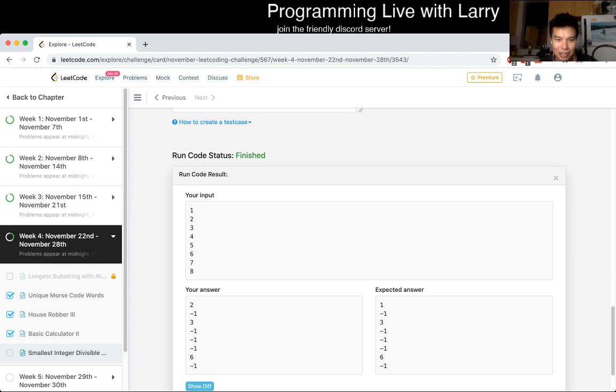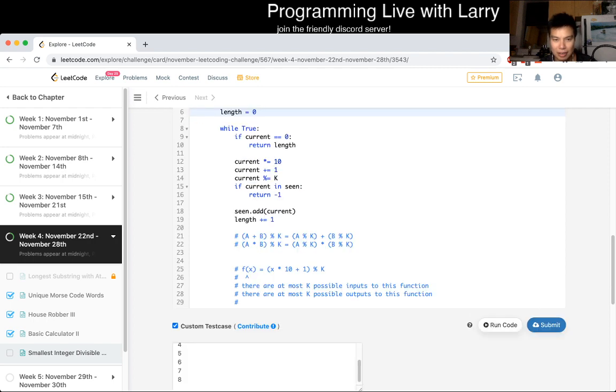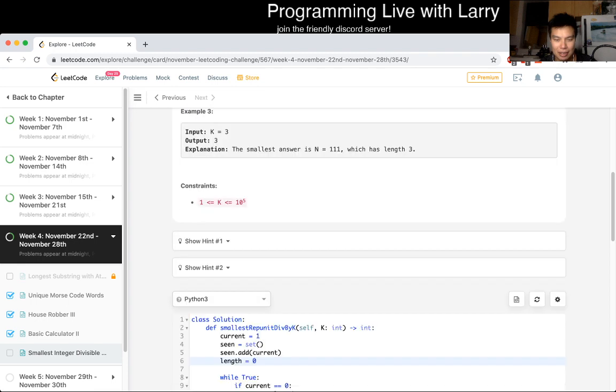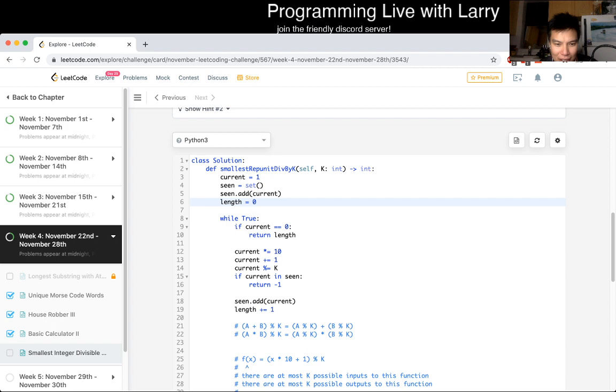Well, this is awkward. Oh yeah, this should be 0 to start with. Wait, should it? I'm trying to get my base cases right, but I think I've skipped forward a little bit. So this is 0.